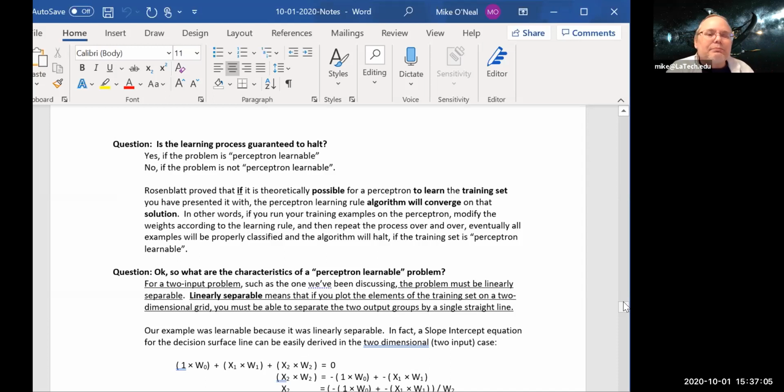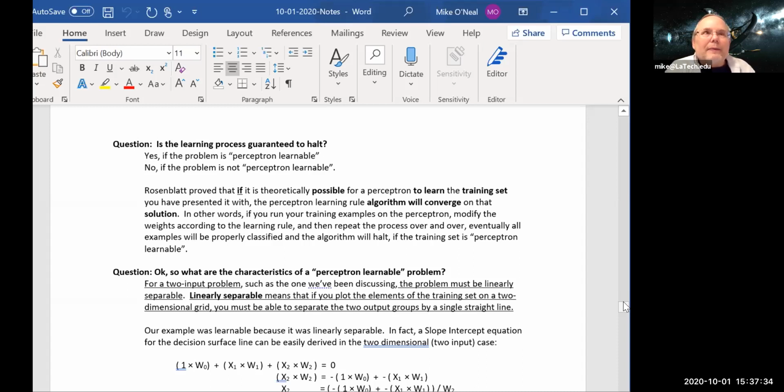So Rosenblatt proved that it was theoretically possible for the perceptron to learn the training set you presented it, by the perceptron learning rule algorithm, if the problem is learnable. So if the problem is learnable, then the learning algorithm will converge on an answer.